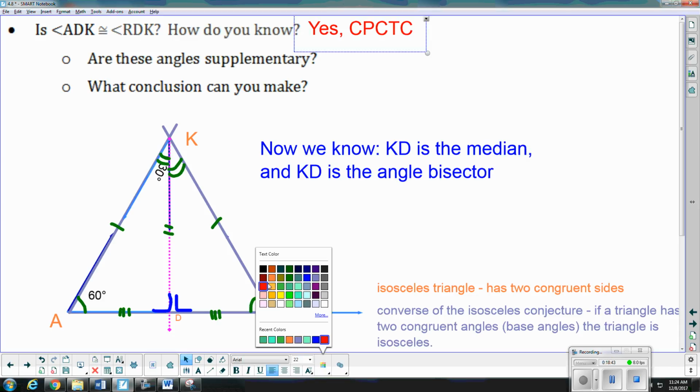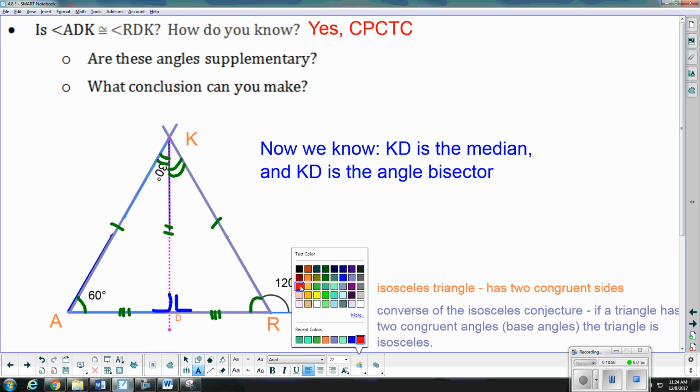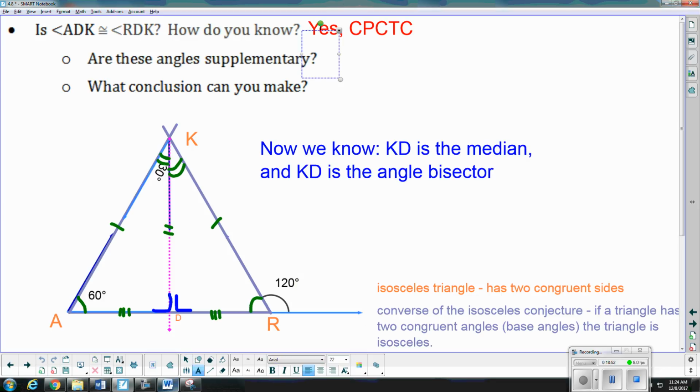Now the next question is, are these angles supplementary? Well, if we look at this diagram, and I'm going to use just this green dotted line, A, D, R, those points are all collinear.